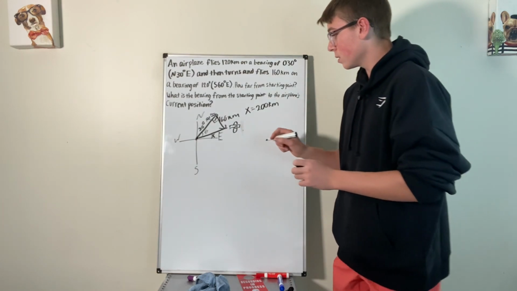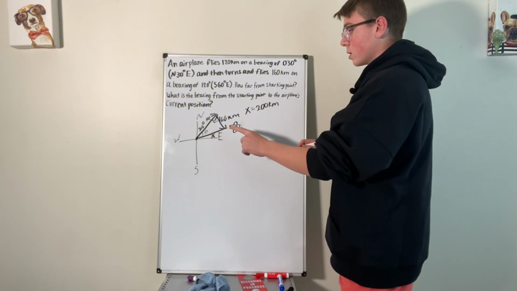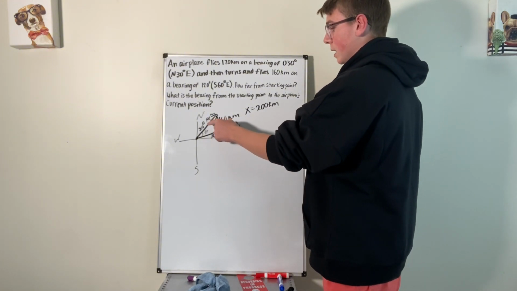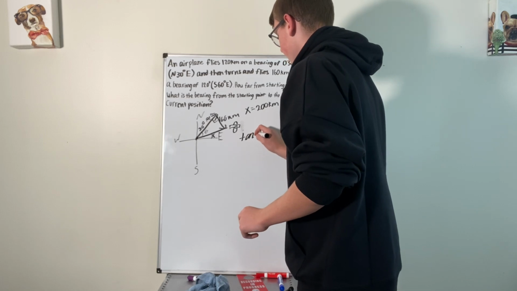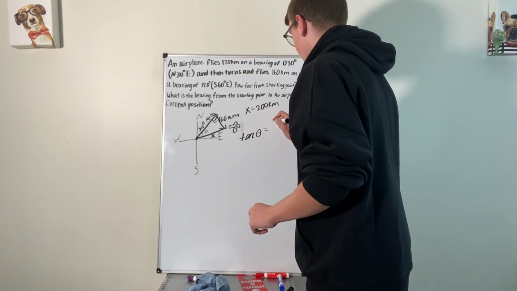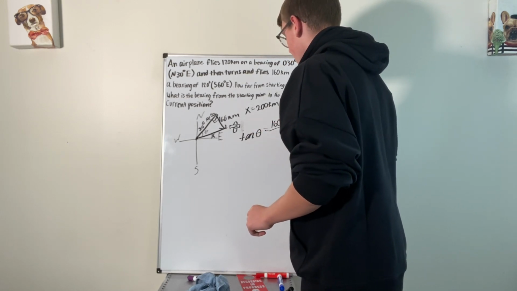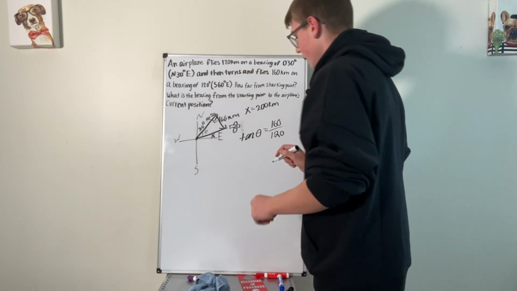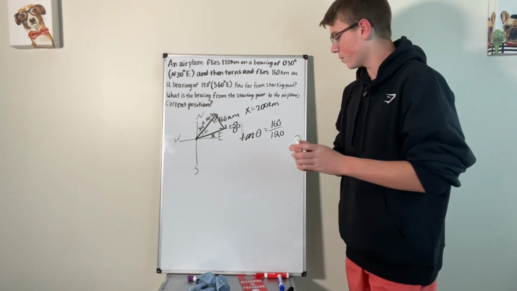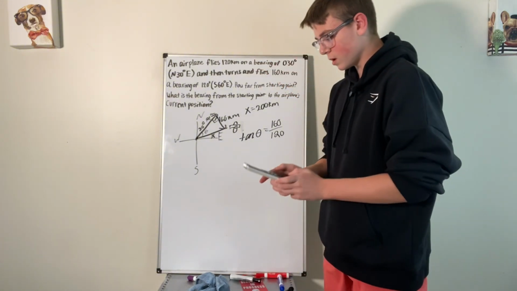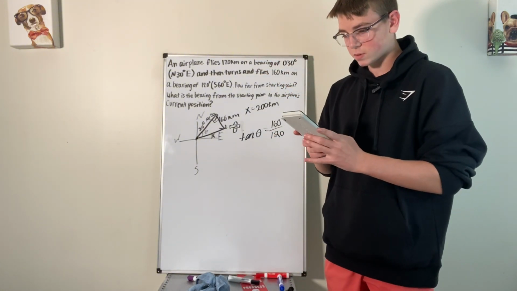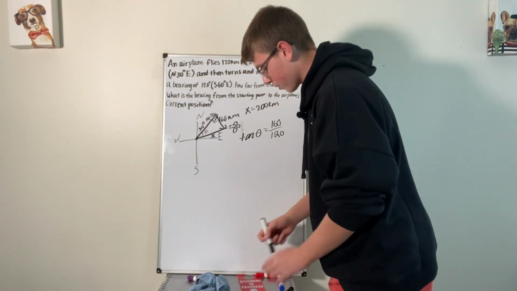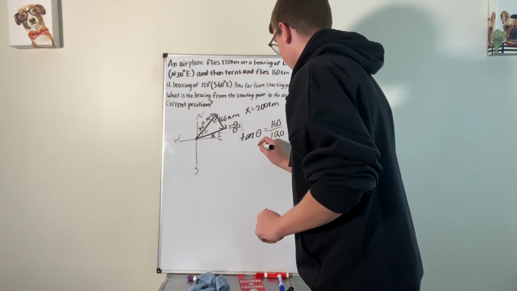Well, theta, if we look, we have 160 and 120. We could say the tangent of theta equals 160 over 120, right? And that means theta equals tan negative 1 of 160 over 120. So I'll just do tan negative 1 of 160 over 120 equals 53.1 degrees.